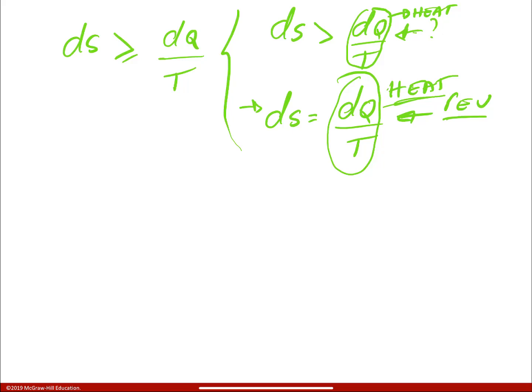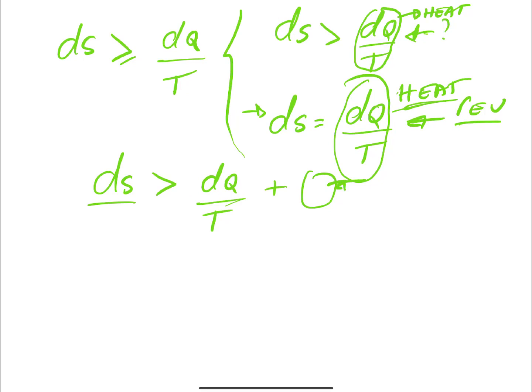If the change of my entropy will be more than the entropy that is created due to the heat exchange, then it has to be something on this side that will make this one more than that. Because remember, this is the entropy of my system. That's the analysis that we need to make. There has to be something placed into this equation in order to work.